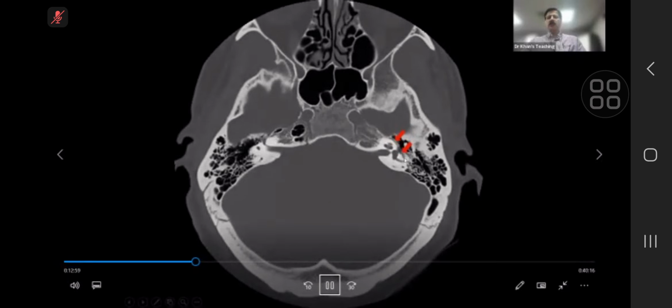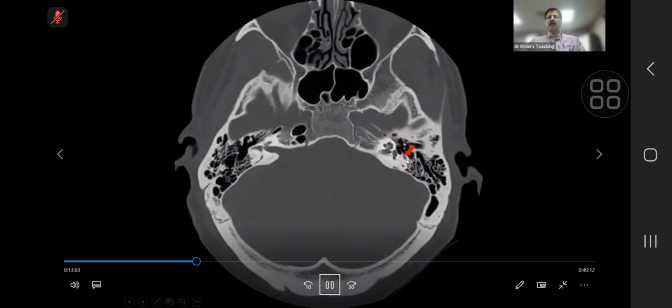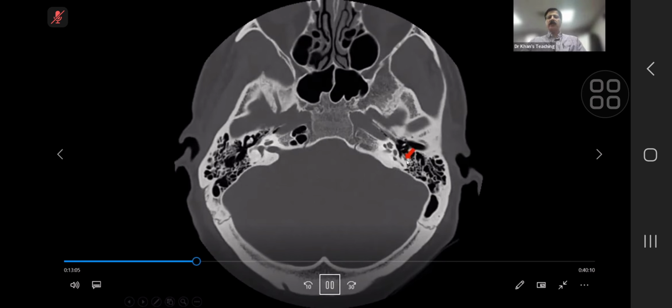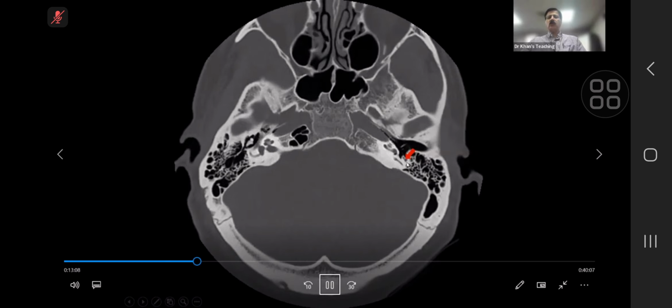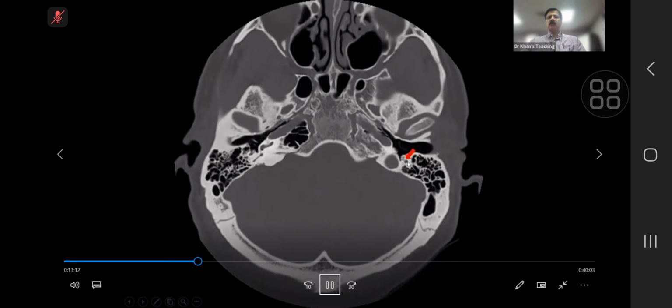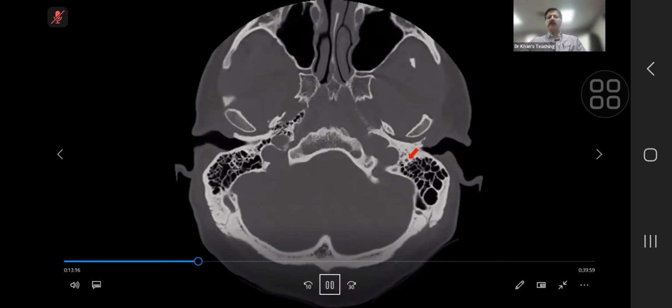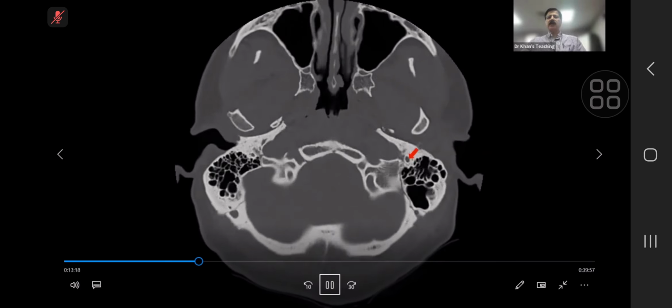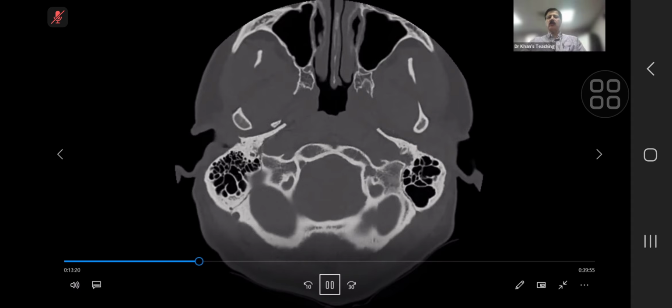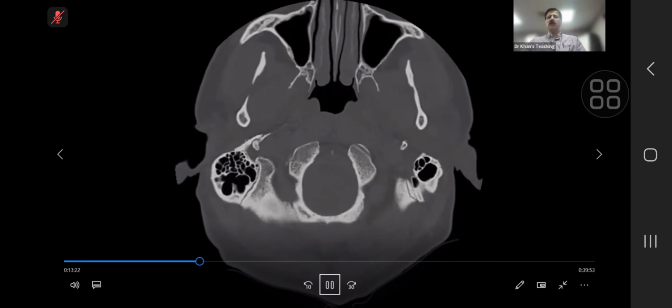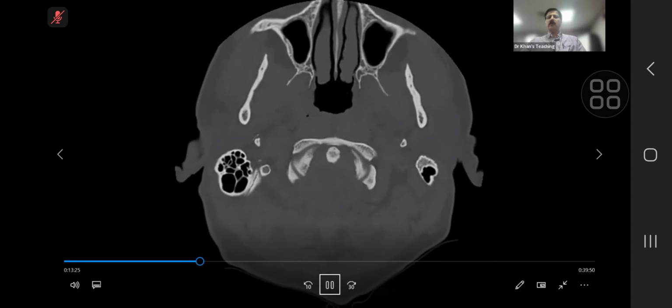Just concentrate on where my mouse is. Now it is going to descend down, and ultimately it goes into the stylomastoid foramen and then into the parotid.